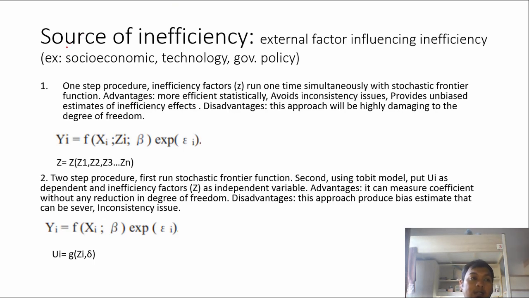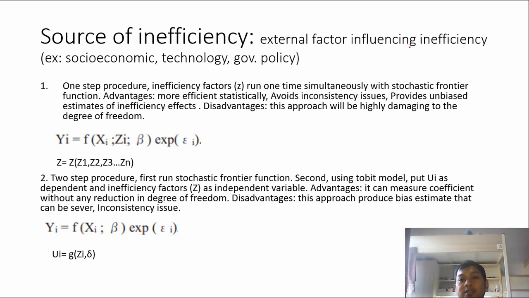Identification of the source of inefficiency, because in the production function we just take care of the input and output, but what kind of factors influence the inefficiency? In here are external factors influencing inefficiency.